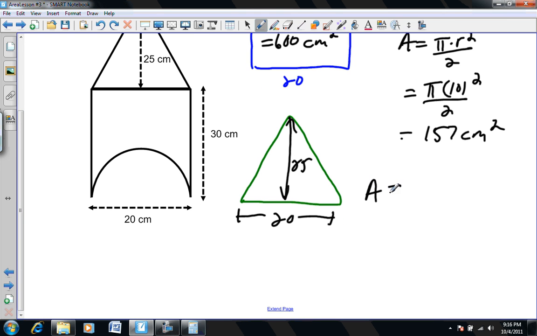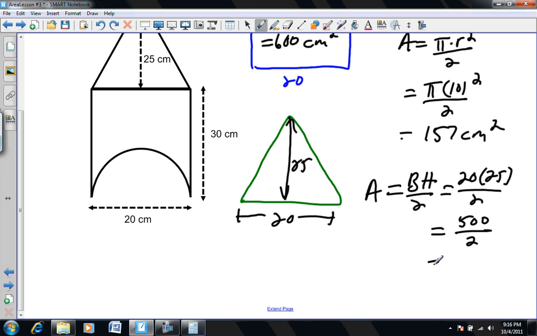And then finally, I've got my triangle. The area of my triangle is base times height divided by 2, which in this case is 20, that's the base, times the height, 25, divided by 2. Now I know 20 times 25 is 500, and if I divide that by 2, I get 250 centimeters squared. So what's my bottom line?